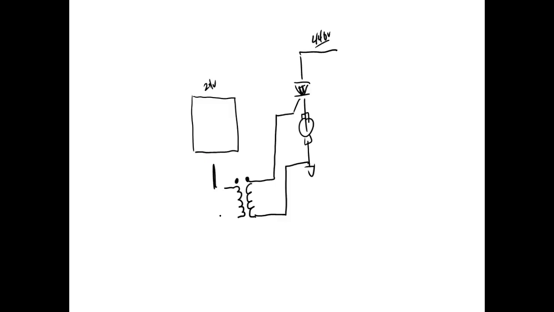So normally what we do is we fire these things either through an optical isolator or through a pulse transformer. You've got to hook up that pulse transformer right, so they'll have polarizing dots on the pulse transformer to make sure when this goes positive over here, then it pulses positive on the other side. So what happens if something happens and this SCR shorts and puts that 600 volts right there?